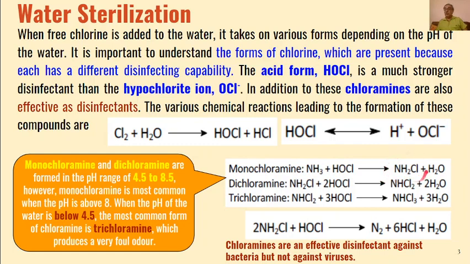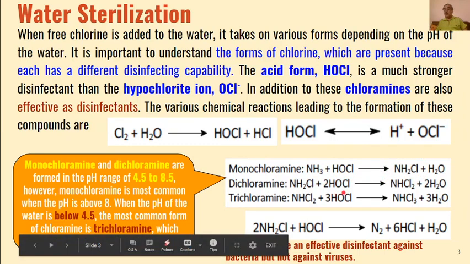Then these monochloramines will further react with two molecules of HOCl and be converted into dichloramines. And these dichloramines at a different pH will further react with three molecules of HOCl, and these will be converted into trichloramine.